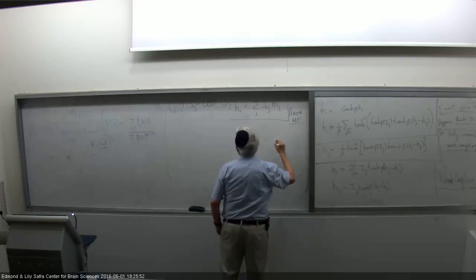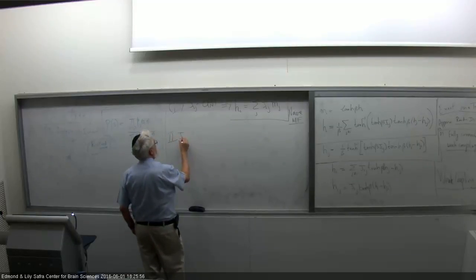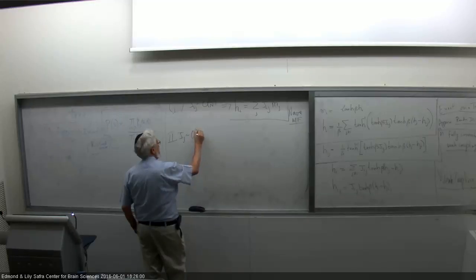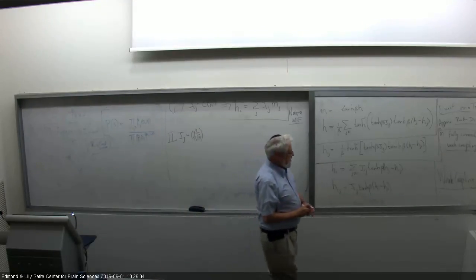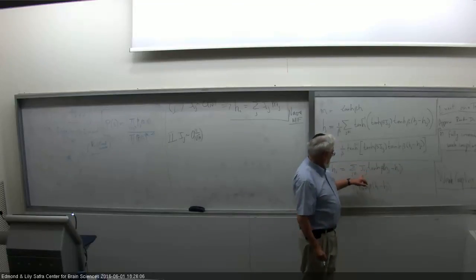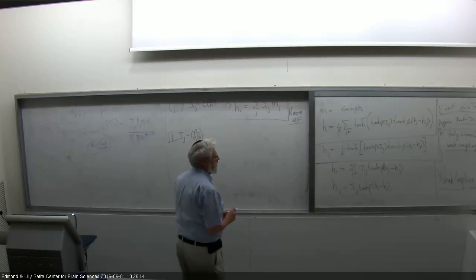Now the second scenario is that J_ij are of order 1 over square root of n. Then the situation may be different, because although this is small, nevertheless it can be correlated with J_ij and altogether give a contribution which is order 1.